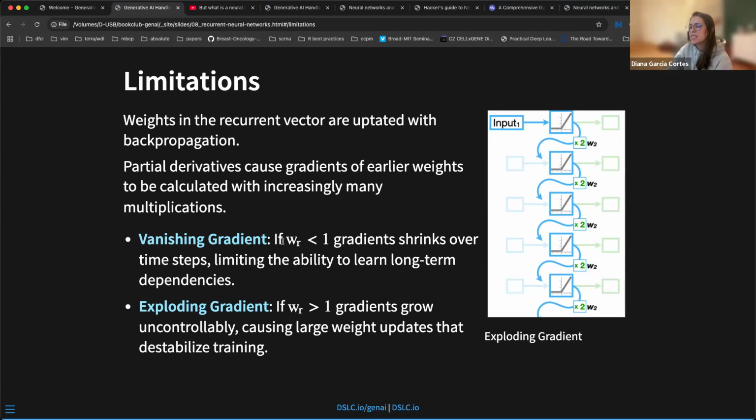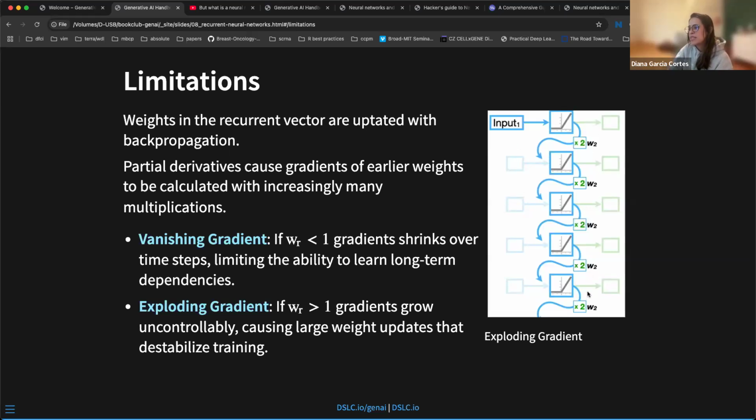We have a vanishing gradient: if the weights are less than one, the values in our gradient are going to shrink over time, and we're going to forget the long-term dependencies.